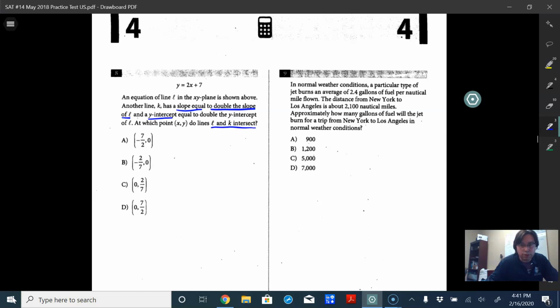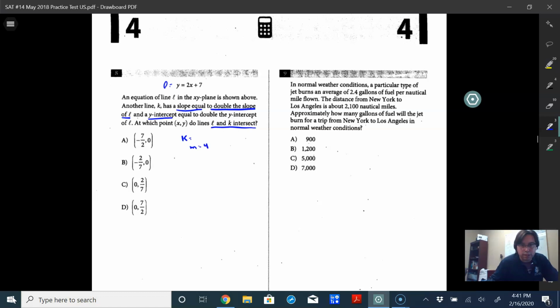Well, one thing we can understand is that it says line K has a slope equal to double the slope of L, right? So if it's double the slope of L, we see the slope of L here, because this is line L, and if that's 2, then it has to be 4. So line K has to have a slope of 4, right?